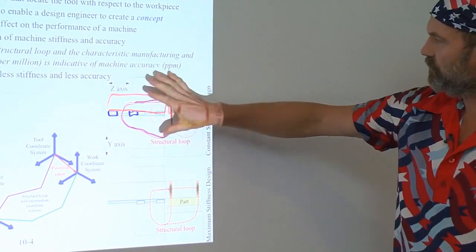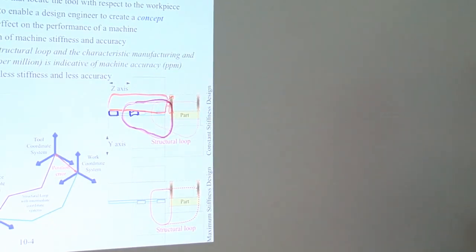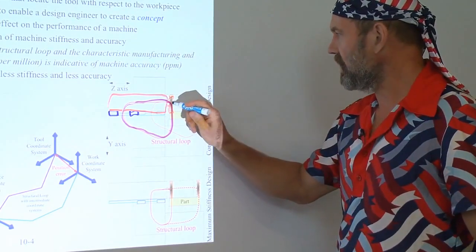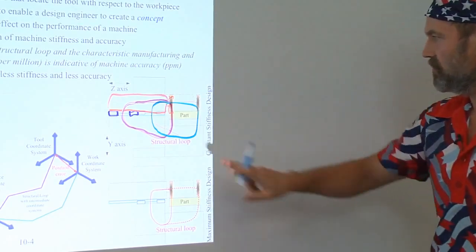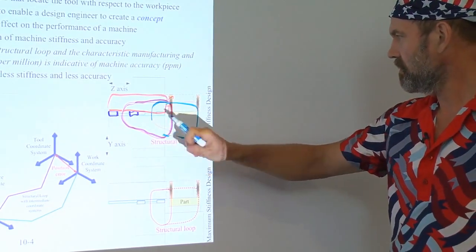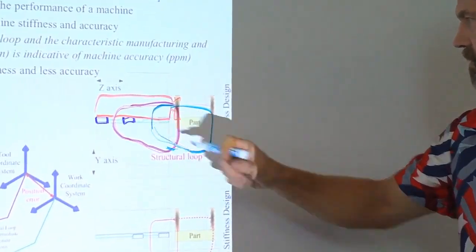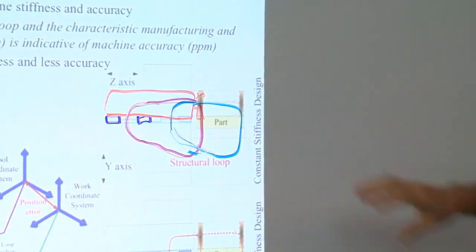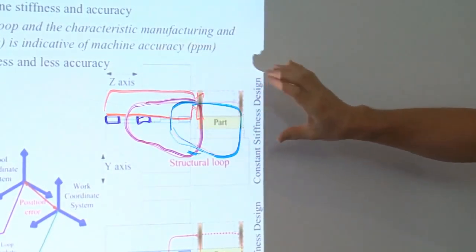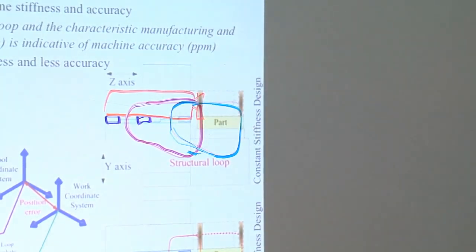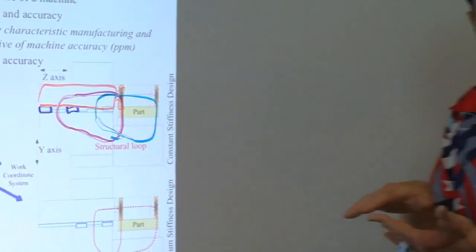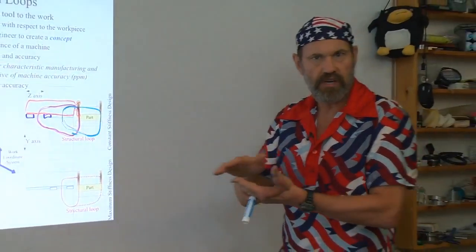When the part slides forward, or excuse me, the z-axis slides forward, you actually have the same shape structural loop in the forward position. The shape of the structural loop here does not change as the machine moves. That would tell me that the stiffness between the tool and the workpiece has a good chance of being the same regardless of where the tool is on the workpiece.